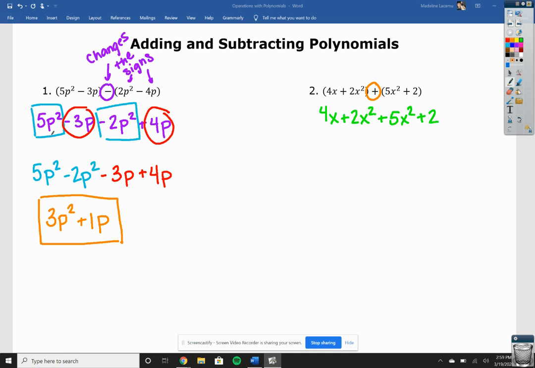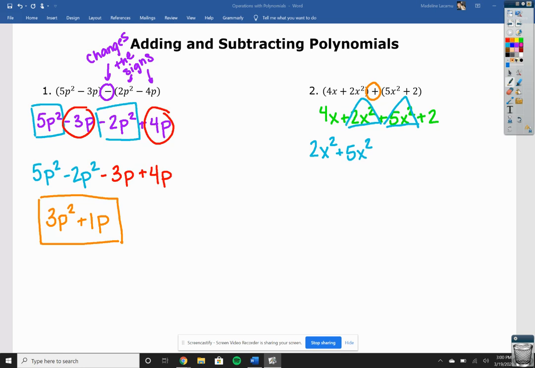Now we're going to do what we did here with the shapes. So I'm going to start with my highest degree, which is 2x squared. So square is our highest degree here. And of course, the one that matches that is 5x squared. So I'm going to write those two next to each other. We'll have 2x squared and 5x squared. Both are positive.